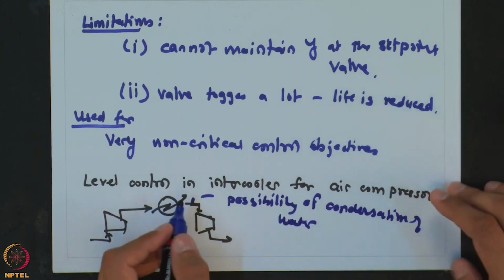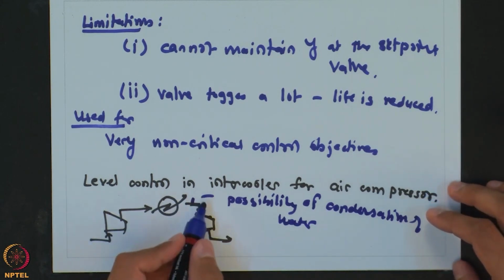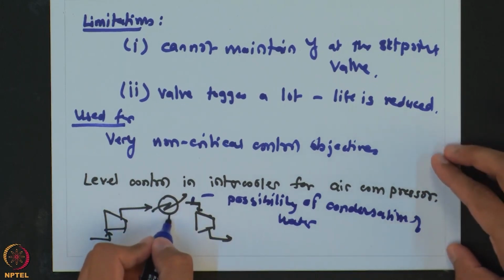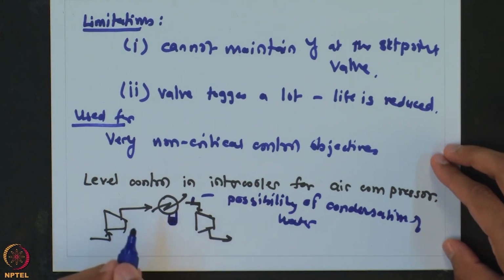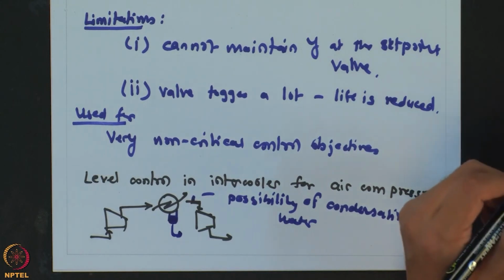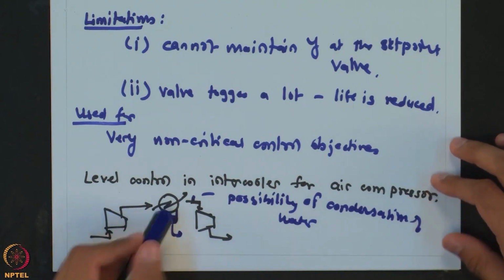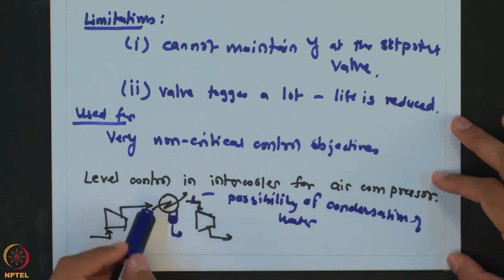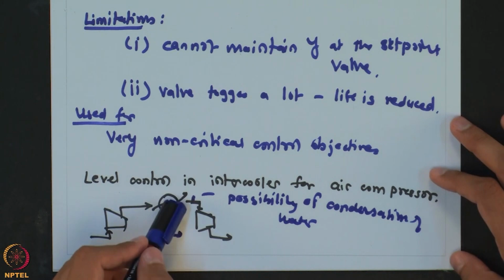And if we have this two phase mixture of air and water which goes into the compressor, again that is very detrimental to the compressor blades. So, at that point there is a requirement that you collect this liquid and then remove this liquid after the heat exchanger. Now, as it turns out, this level builds very slowly, and typically there is no objective in terms of controlling this level apart from the fact that you do not want this particular vessel to get completely filled.